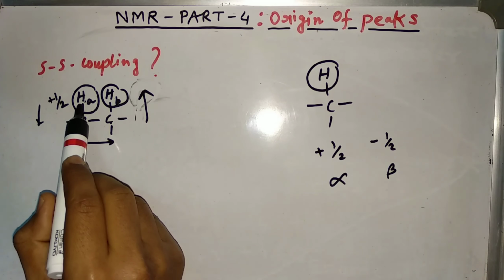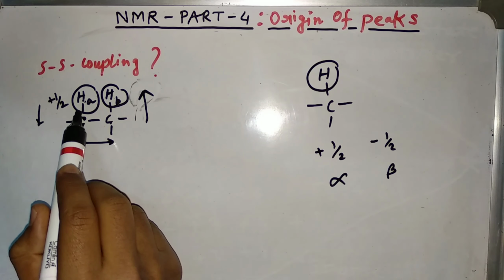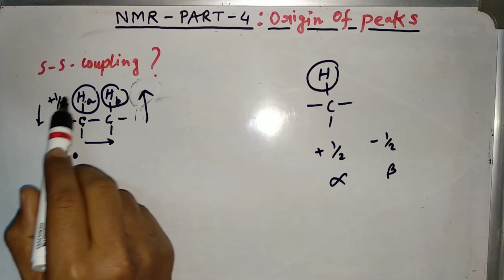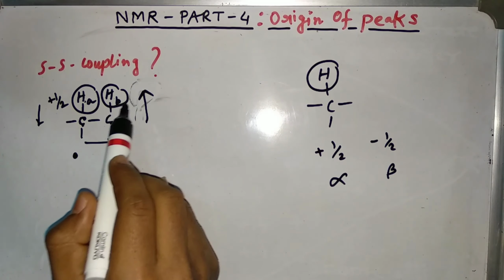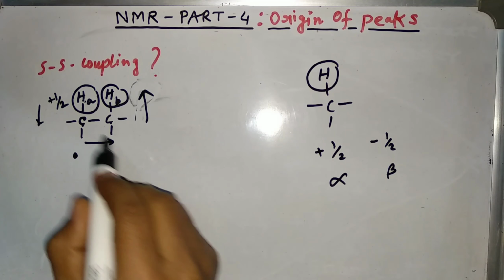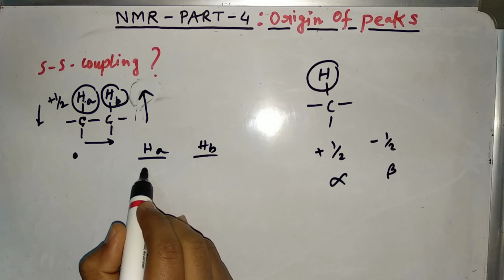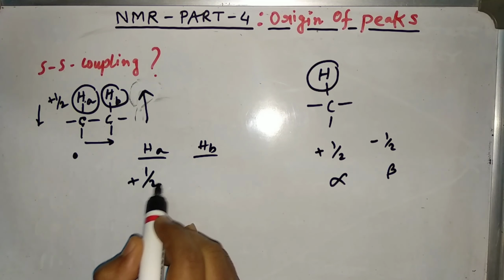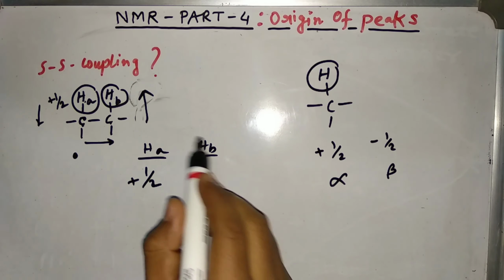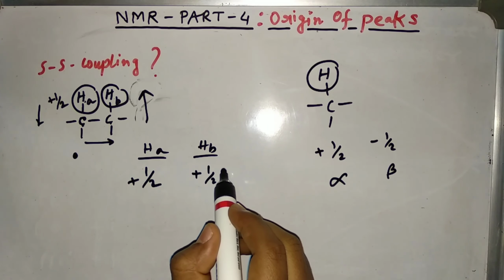What do we get during coupling? When HA and HB couple, suppose HA has plus up spin; HB may resonate with the same spin. So if HA has plus up spin state, HB may align with HA, and then it will have plus up spin state.